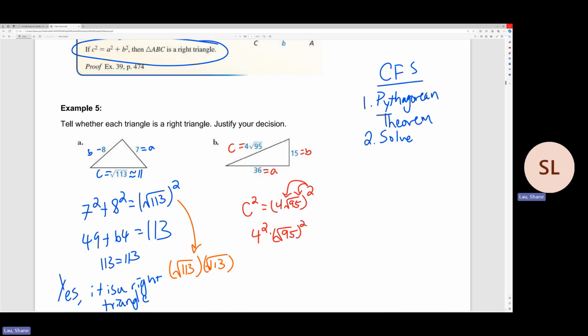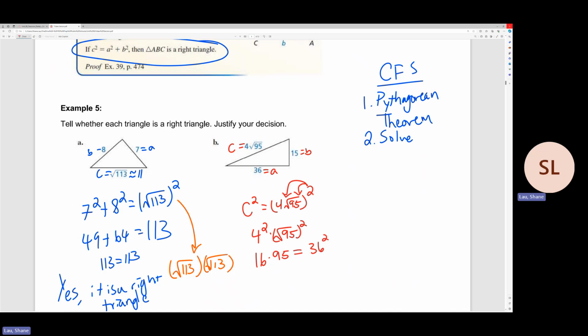Which of course we've already talked about, but I wanted to give you some time to do that. So after you've done some time with that, we get 16, because that's 4 squared, times 95, because we already have the square root of 95 squared. And we'll go ahead and put all the other information in.